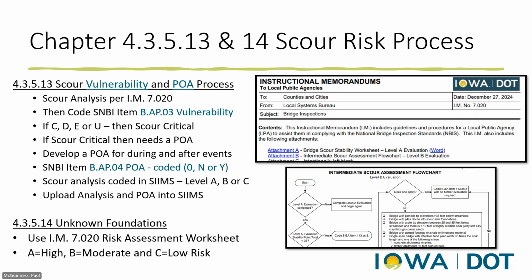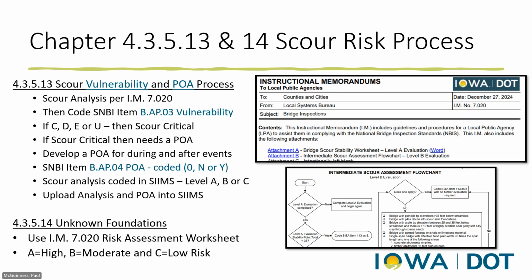Plans of action, if required for the scour assessment, still need to be uploaded in the SIMS, and the SNBI has a requirement for recording the plan of action status, and that is a 0, no, or yes. Zero's not required, no is it hasn't been completed, or yes, it's in place.